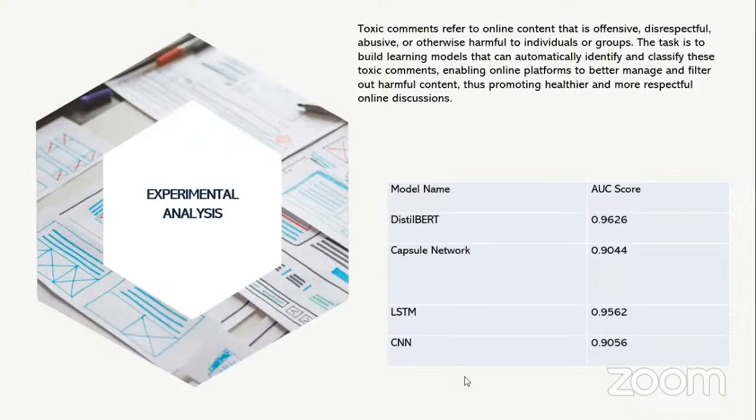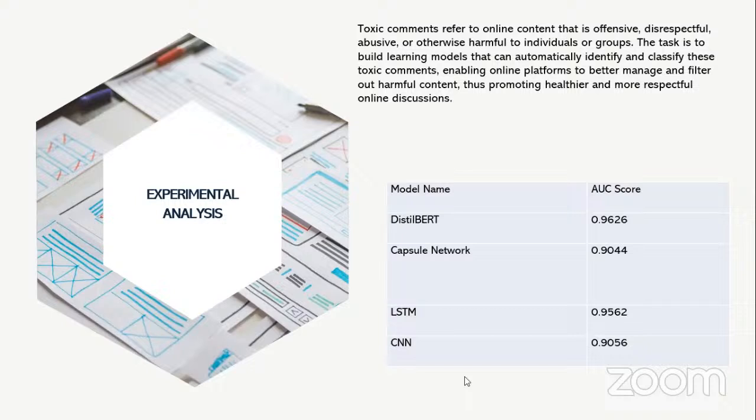Okay. Here is the experimental results section. Four models are used, and let's say DistilBERT has the highest accuracy, 96%. Toxic comment refers to online content that is offensive, disrespectful, abusive, or otherwise harmful to individuals or groups.